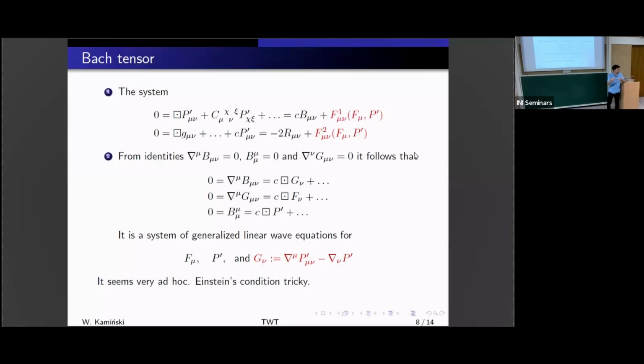Otherwise, it adds something. Okay, and now let's look at this identity. Here, we know that the Bach tensor is divergence free. We know that its trace vanishes. And we additionally know that the Einstein tensor is divergence free. So, okay, we can just take this equation.